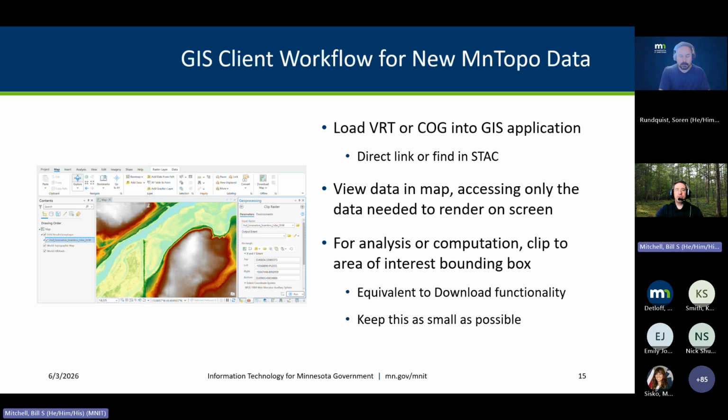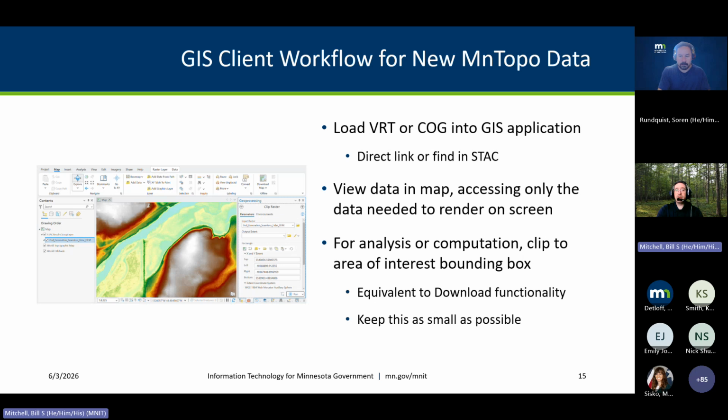And if you want to do analysis or computation, you can clip right there in your GIS client to the area of interest or to the bounding box. It's important to clip to the bounding box, not to a complex shape, because it's so much faster to do the bounding box clip rather than a complex shape clip.